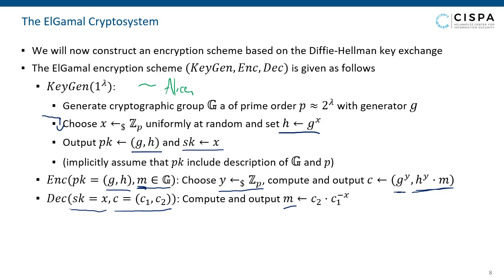Remember, Bob sends this G to the Y to Alice and computes a key K as H to the Y. But now, in this Elgamal encryption scheme, Bob just directly uses this key K as a one-time pad to multiply onto the message M.